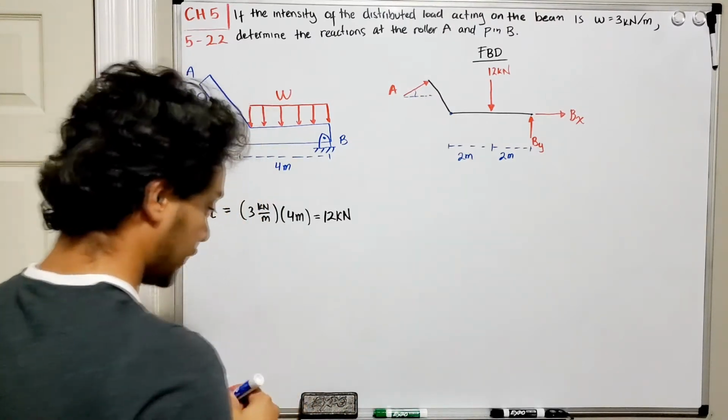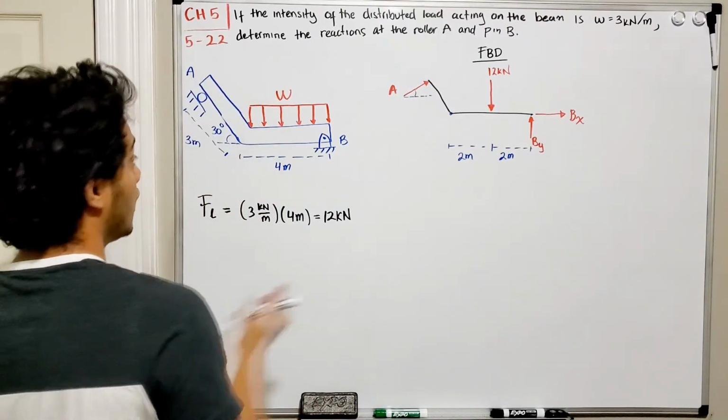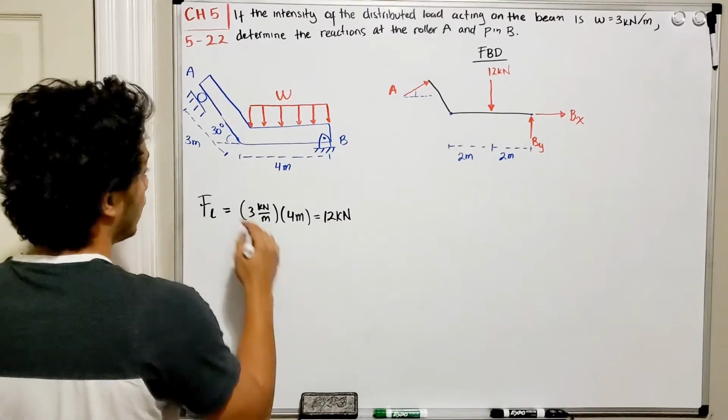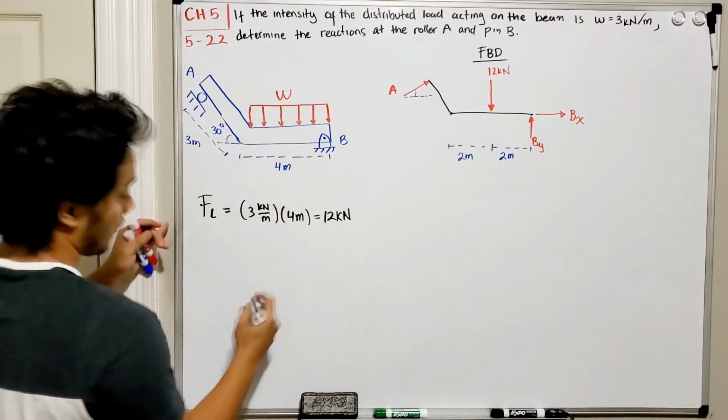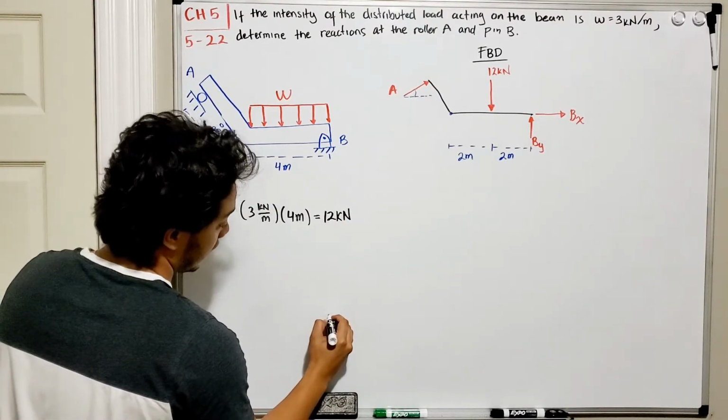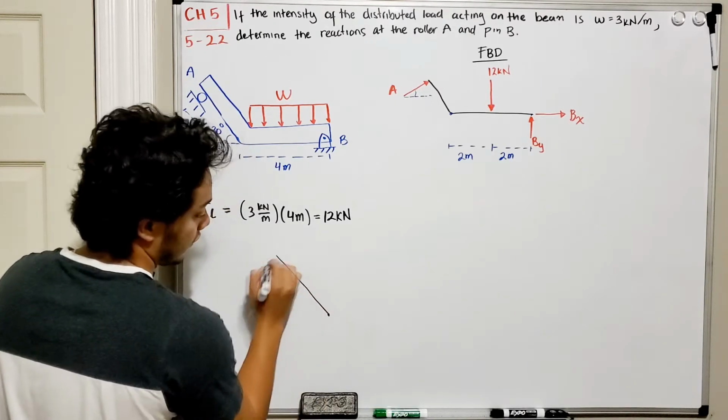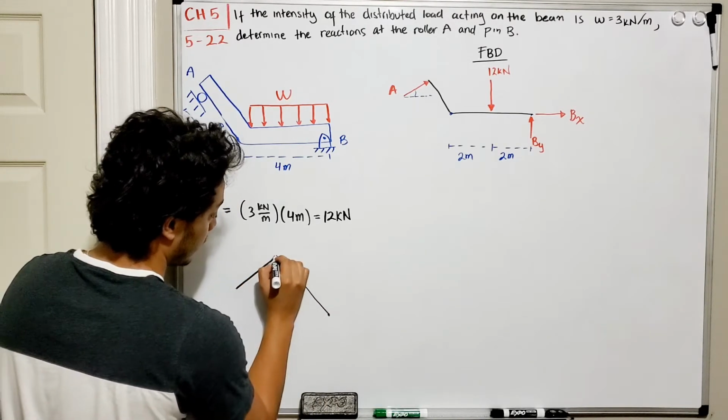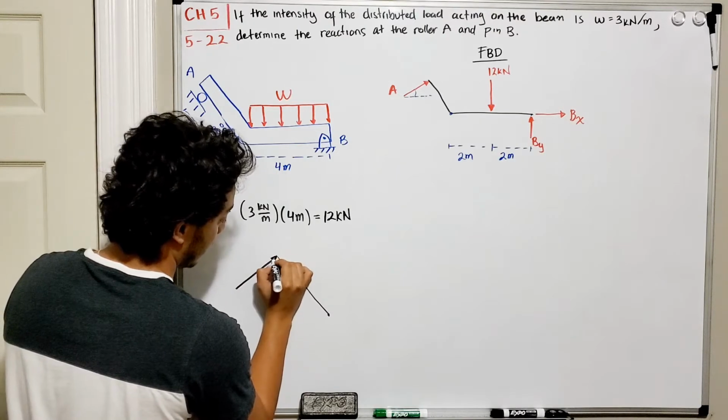Any of them. So in order to do that, I'm going to draw a similar triangle. It's going to be from the beam, it looks like this, then we have our force that is going like that.